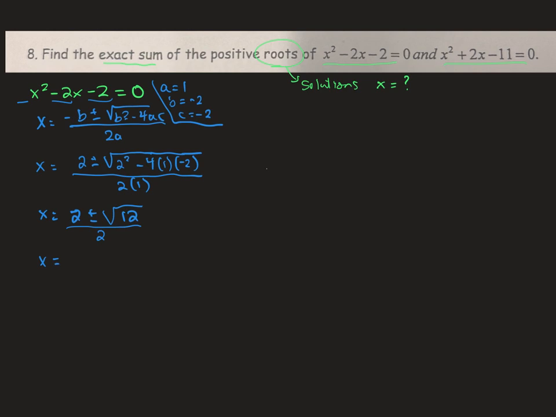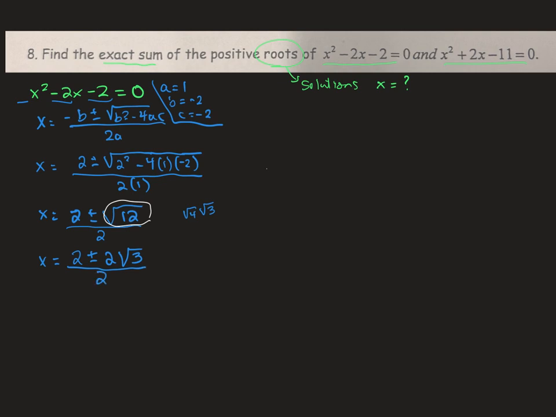Now this is where radicals come in. We want to simplify the square root of 12, so we want to write that as a mixed radical. We are going to break that down into a perfect square. Root 4 times root 3 would give you root 12, and the square root of 4 would be 2, so that becomes 2 root 3.